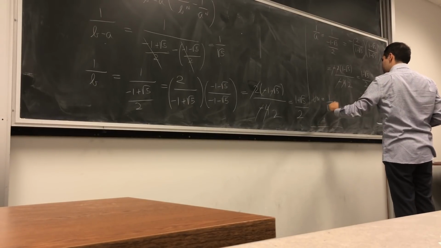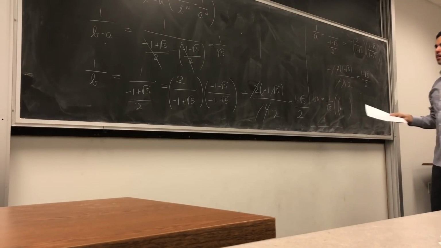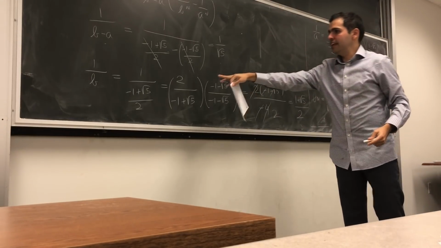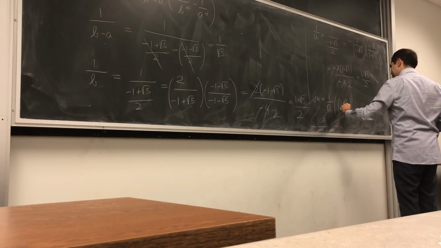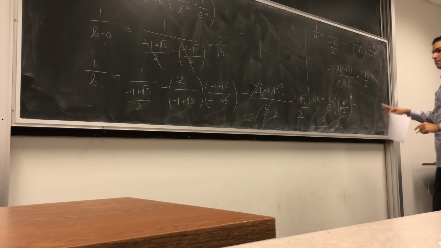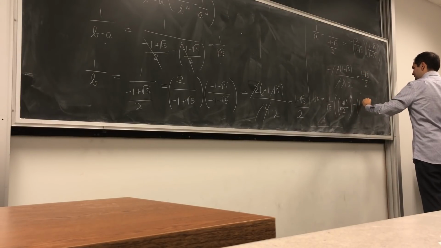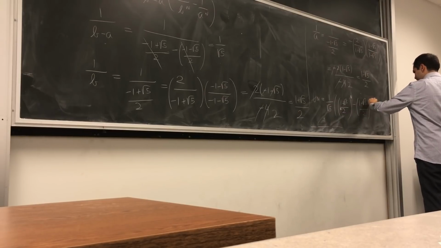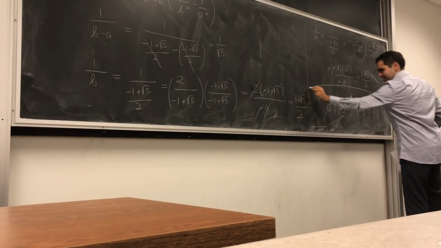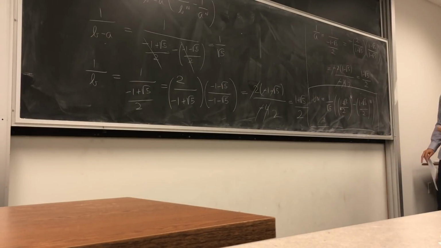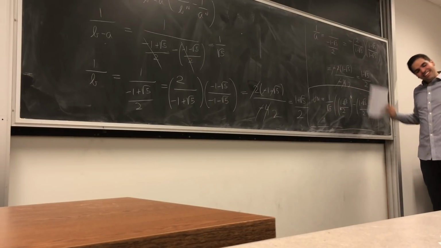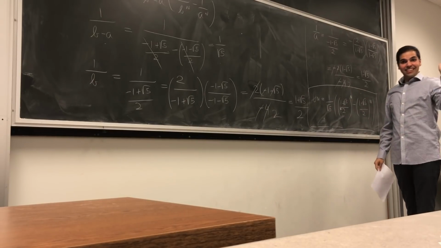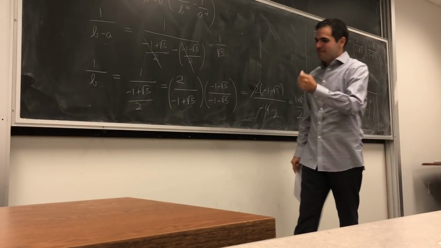It's 1 over square root of 5. 1 over b to the n, it's the same as 1 plus square root of 5 over 2 to the n, minus 1 over a to the n, which is 1 minus square root of 5 over 2 to the n. And lo and behold, we get the formula for the Fibonacci sequence. Ta-da! And I didn't break my chalk, so good for me.